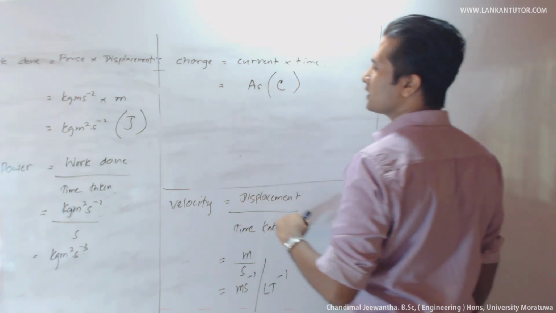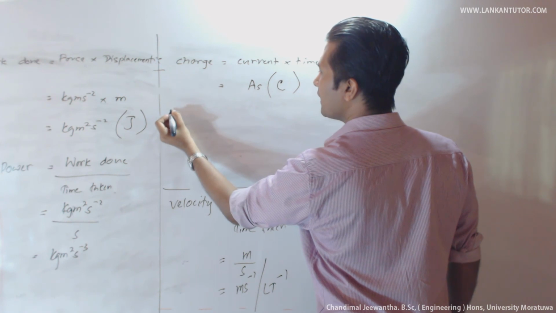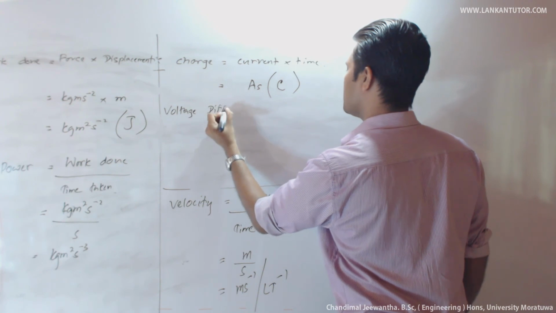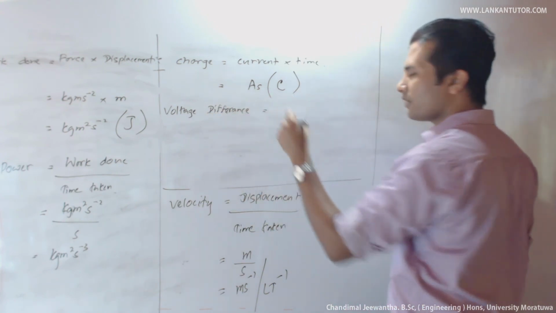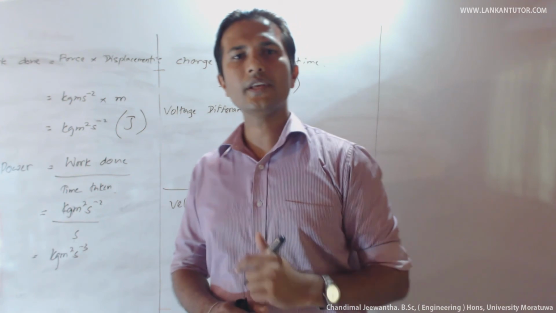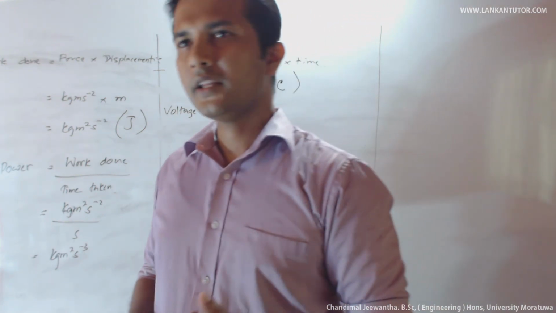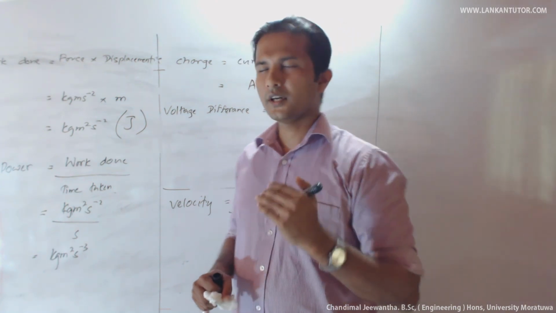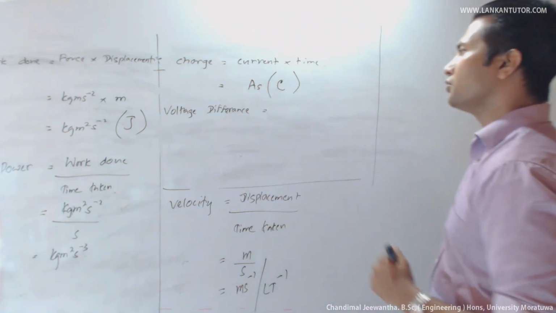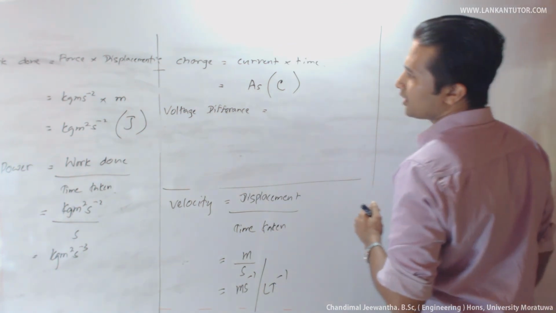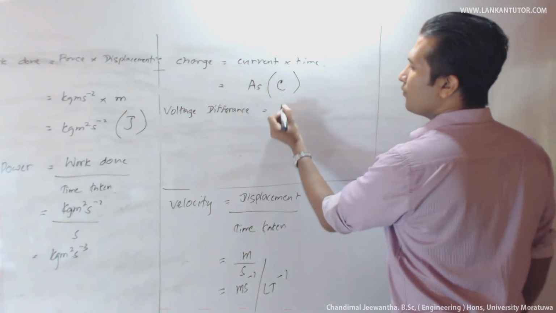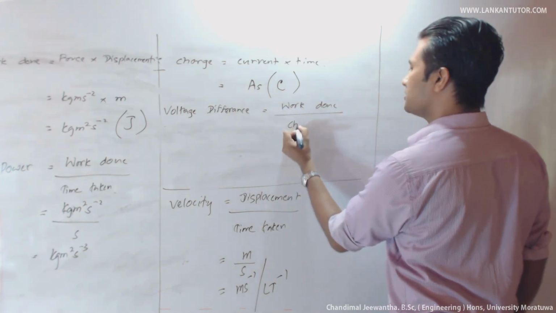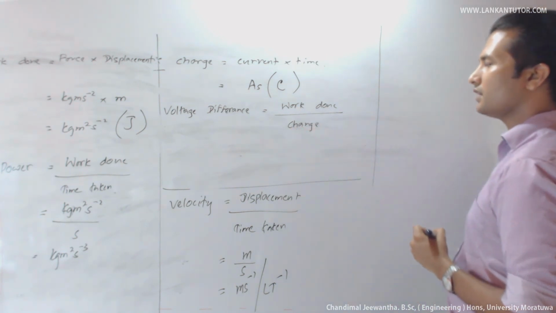Let's move on to the next physical quantity, that is voltage difference. In order to find the unit of the voltage difference, what should be the equation? You have to consider work done divided by charge.